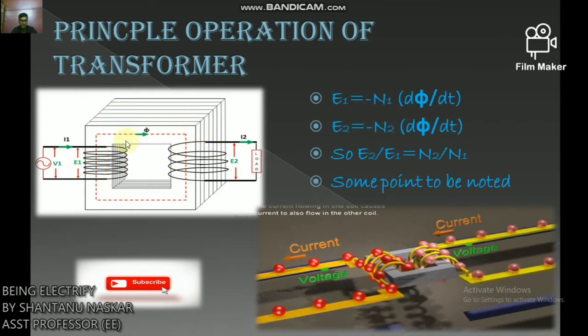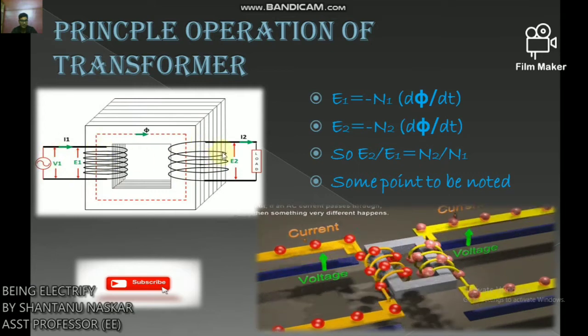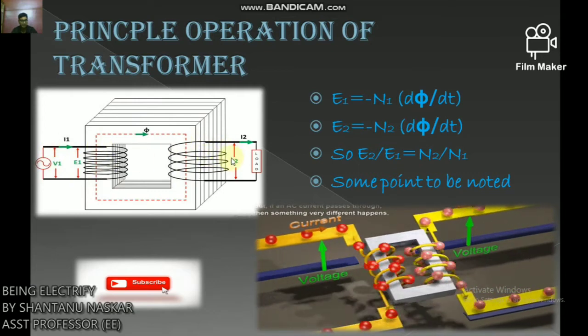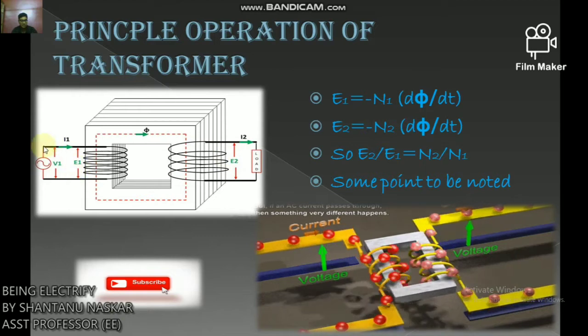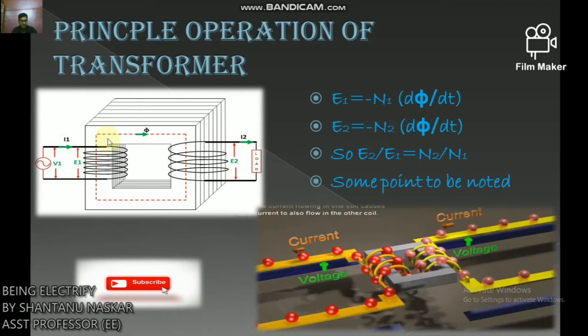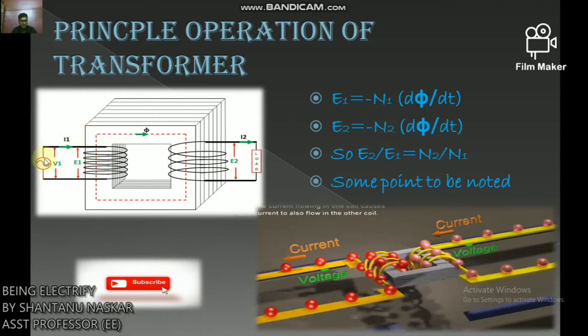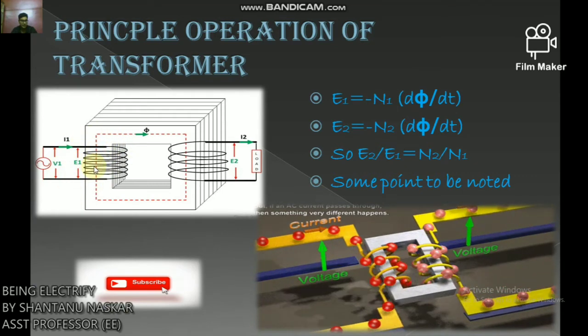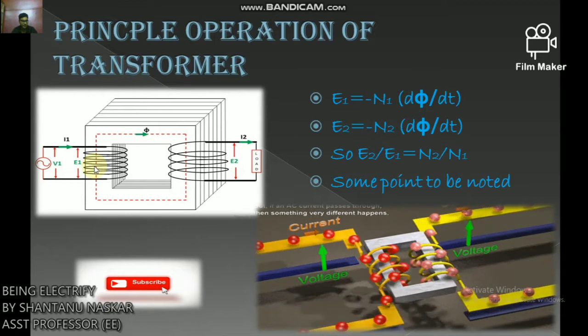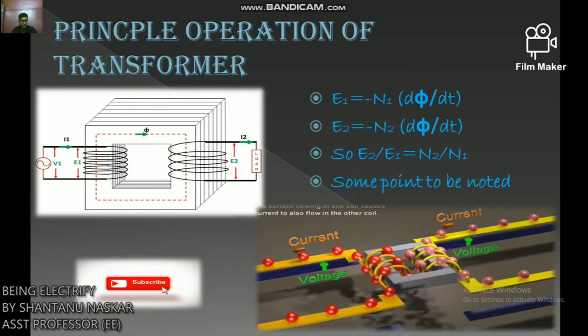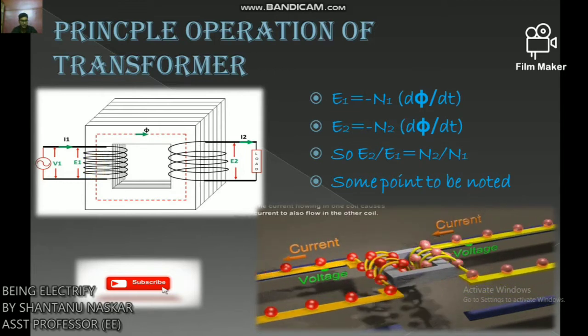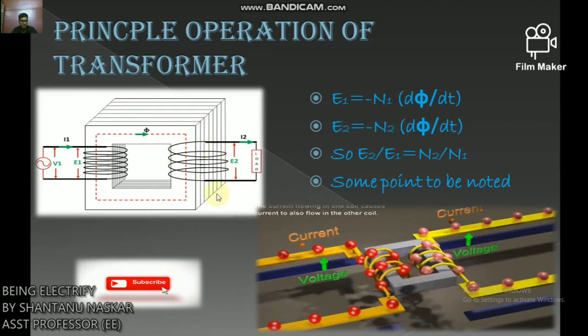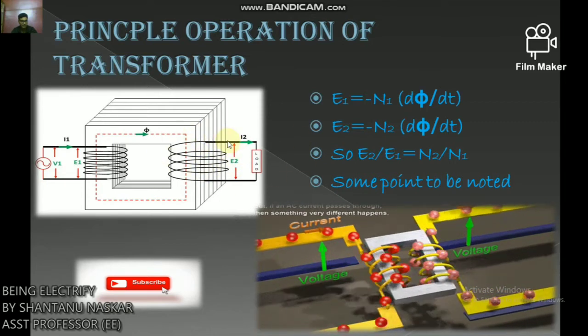Okay, this is the magnetic core, this is the primary winding and this is the secondary winding. The winding connected to the AC supply is called the primary winding, and the other one connected to the load is called the secondary winding.